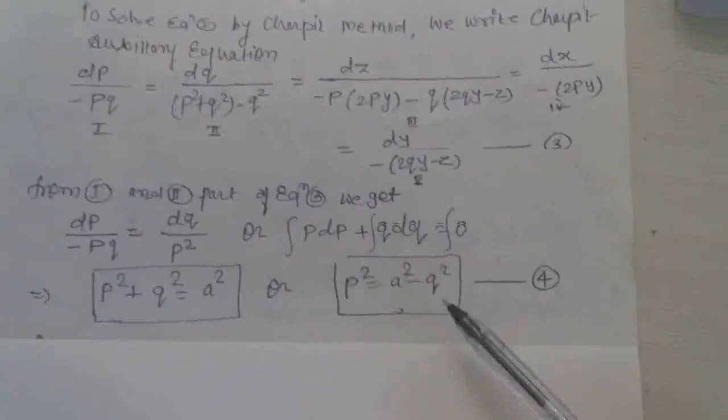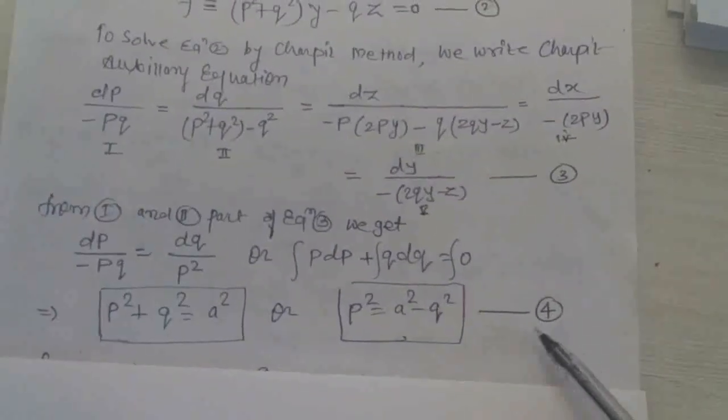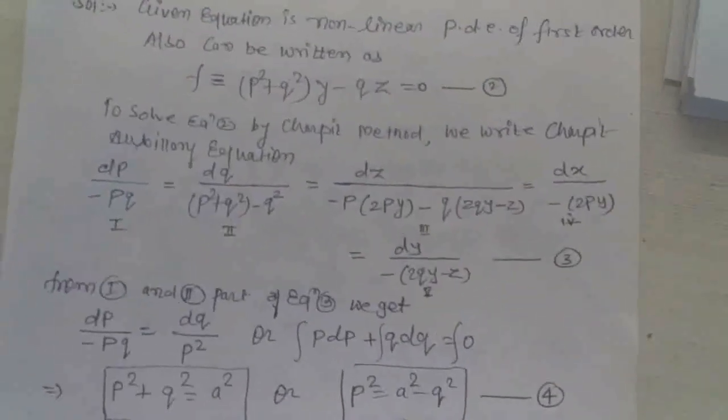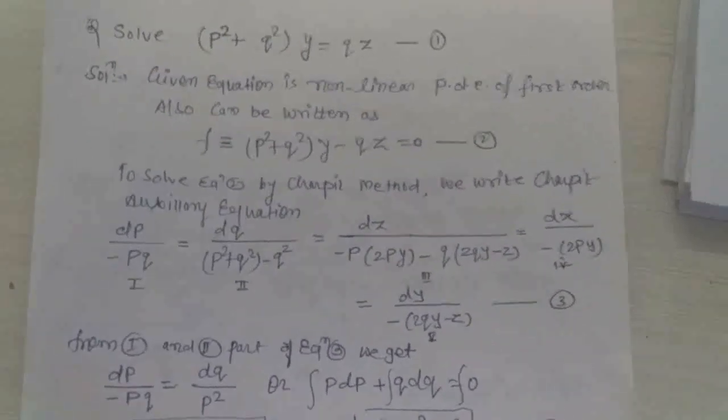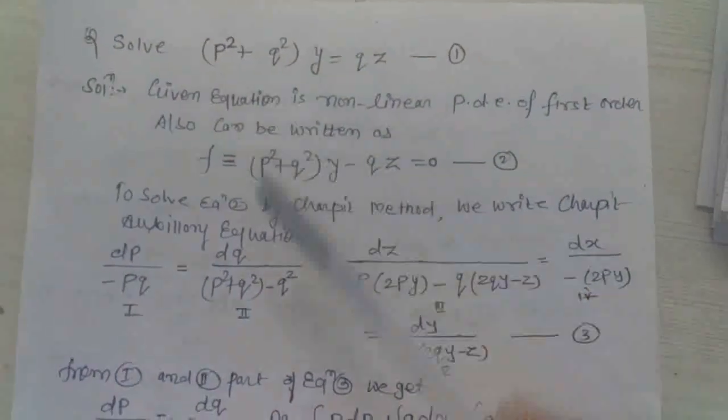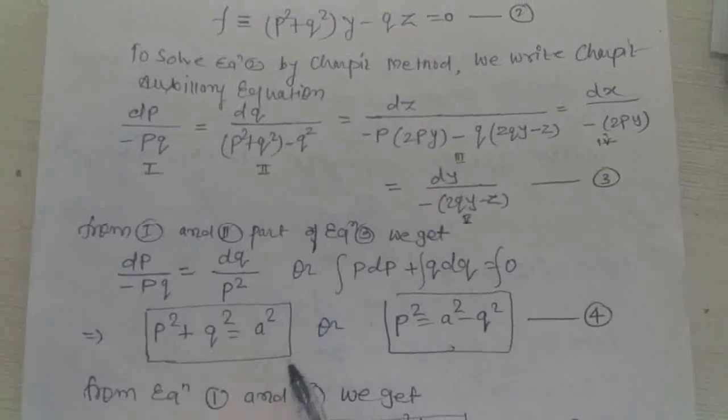So putting the values from equation 4 into the first equation, the value of p square plus q square is a square.